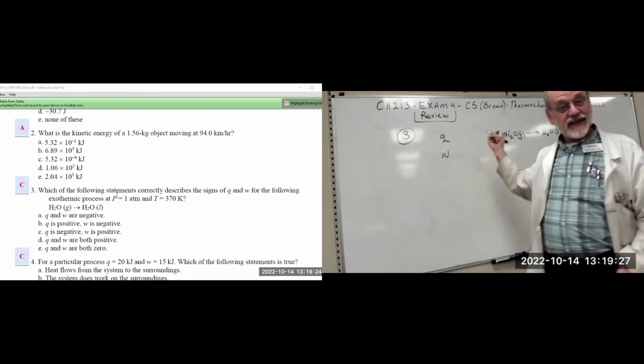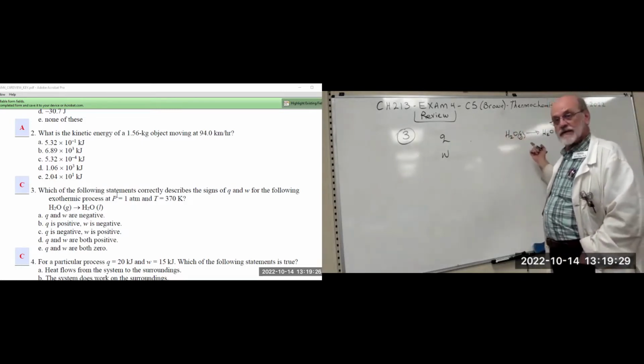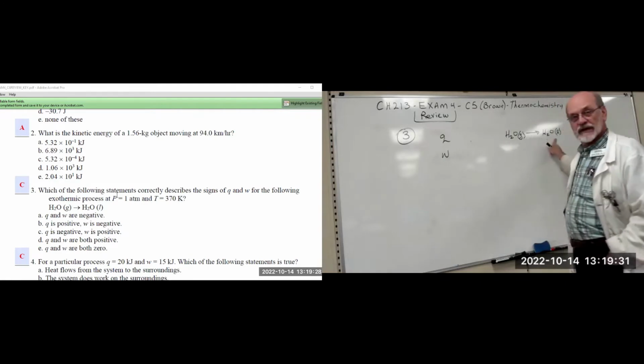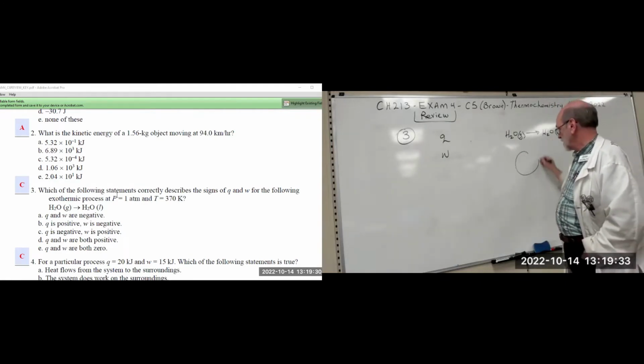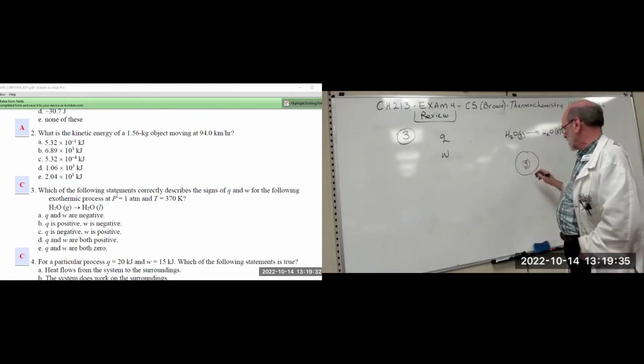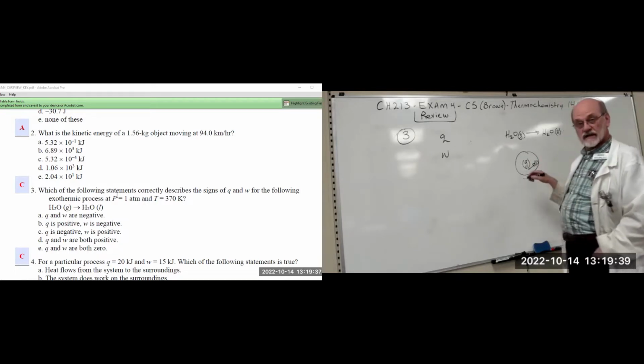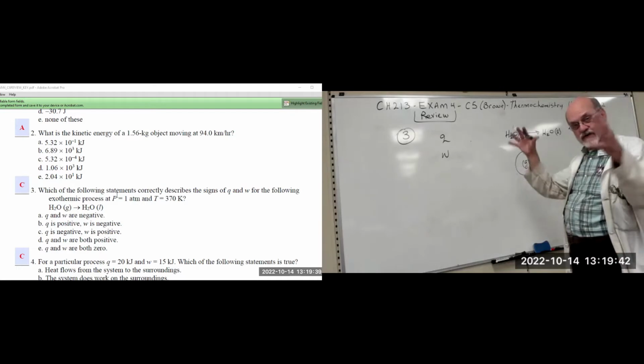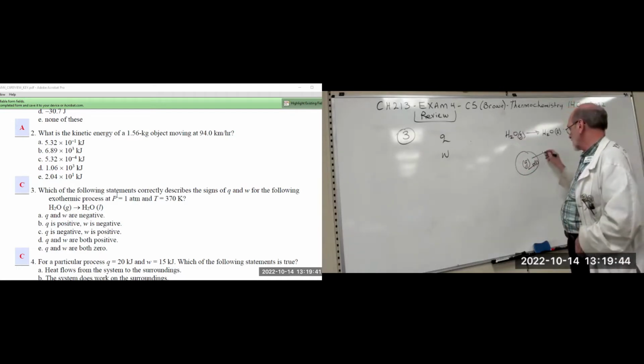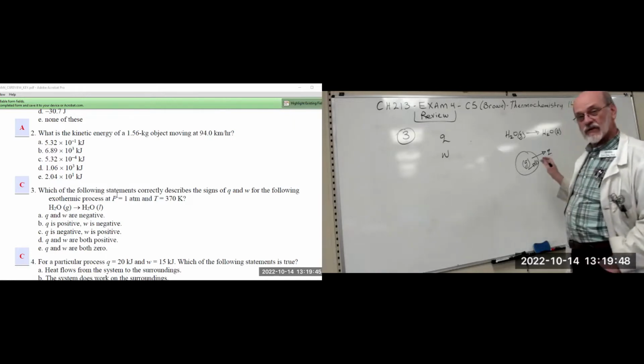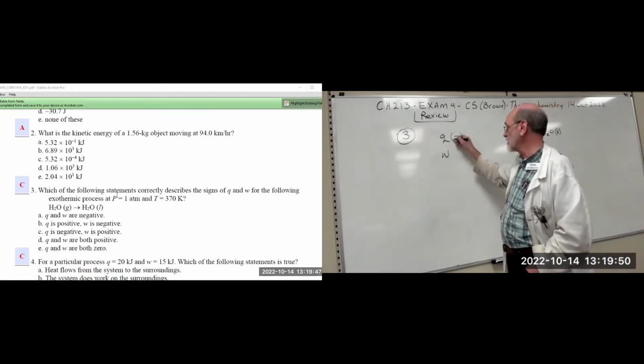It says that that's exothermic. You think it is? Going from gas to a liquid? Right? If we have a gas in here and it goes to a liquid, yeah, it's got to lose heat to go from a gas and condense into a liquid. So Q has to leave. That's exothermic, which means this is negative.